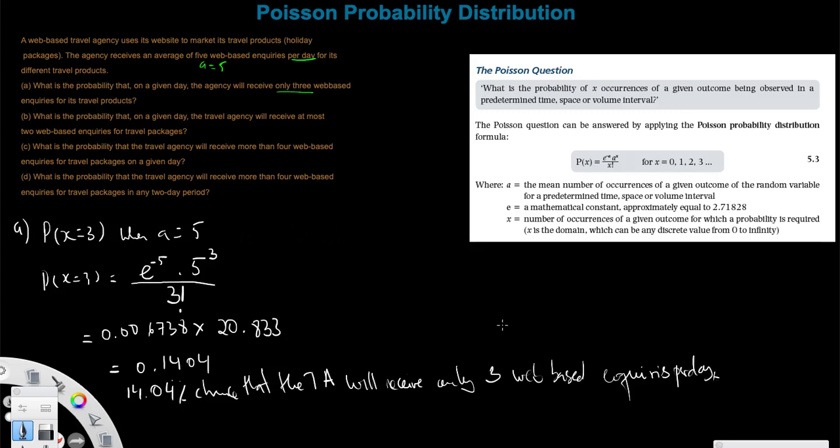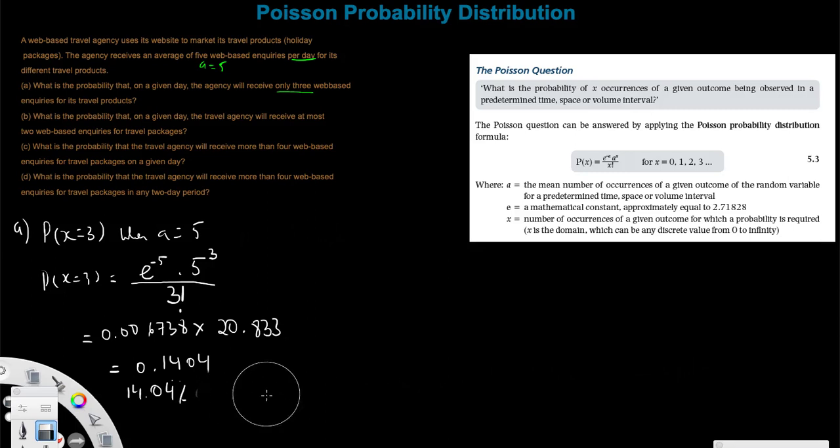Or let me rather say that we have a 14.04% chance that the travel agency will receive only 3 web-based inquiries on a given day, when the average number of inquiries is 5. I think that's the correct way to say it. So when the average is 5, the chance of getting only 3 is 14.04%.